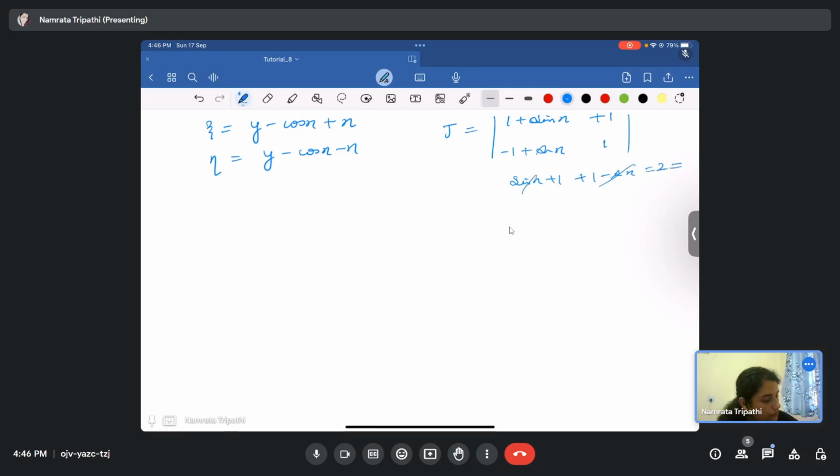This is 2, not equal to 0. You can take these transformations and you can calculate.